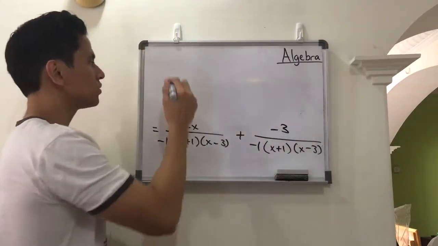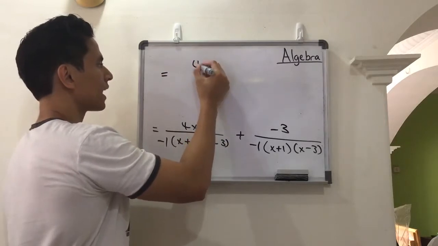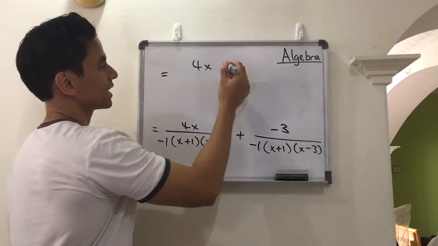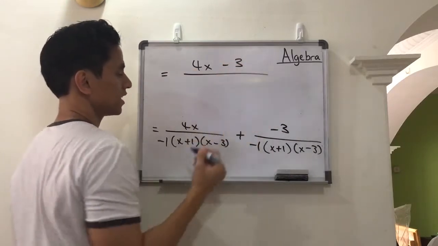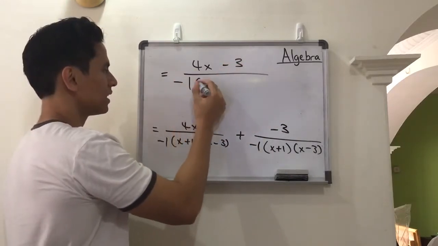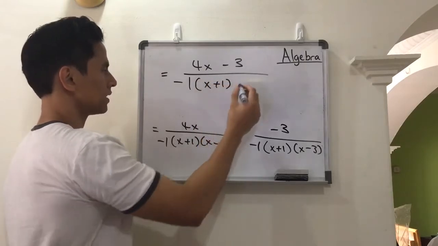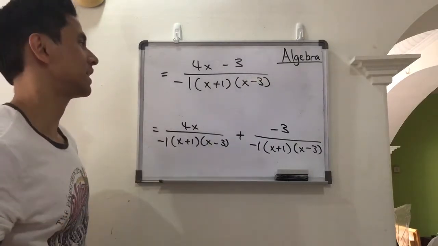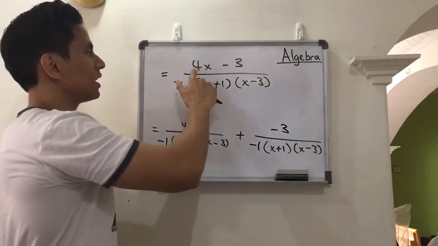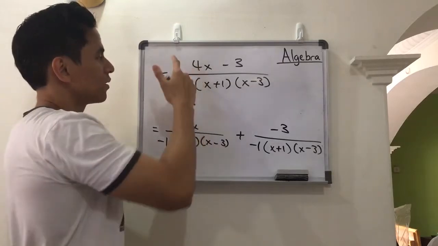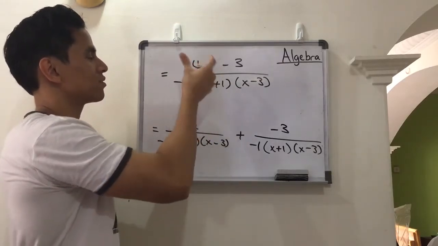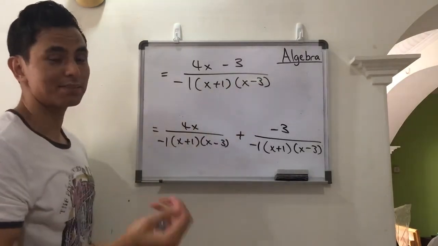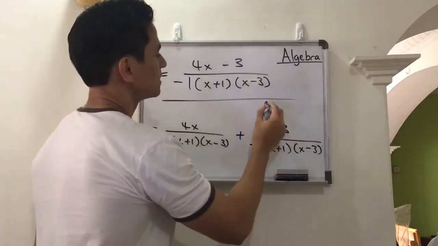We're going to say this is equal to 4x plus a -3, so this will become -3, and the denominator will just be -1 times x plus 1 times x minus 3. And with that, we've gotten our final answer. Why? Because over here, we can't factorize anything out where we'll have the remainder being either x plus 1 or x minus 3. And that's about it. So therefore, this will be our final answer.